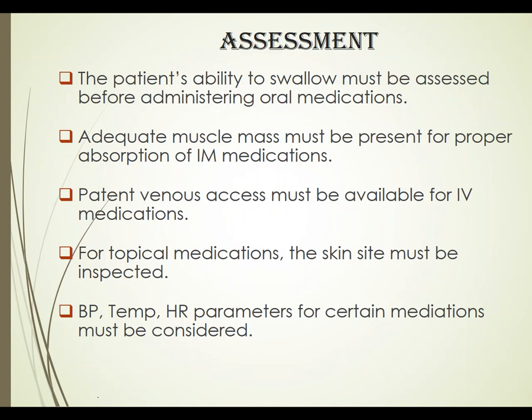And along with the apical pulse, we would also assume that there will be some association with the blood pressure that's also monitored before and after, let's say, an antihypertensive is administered. The patient's temperature is measured before and after an antipyretic, like Tylenol.